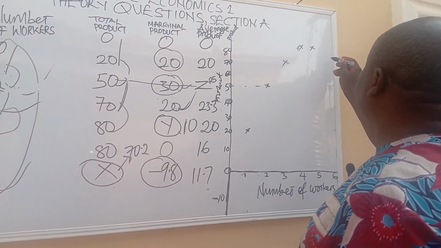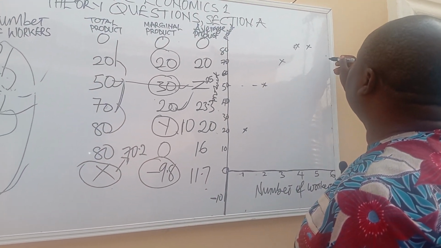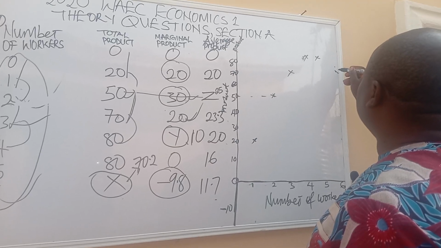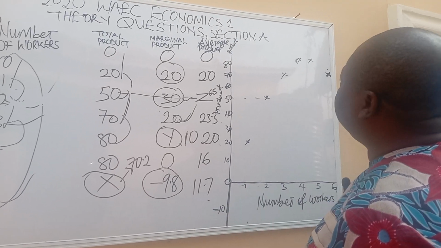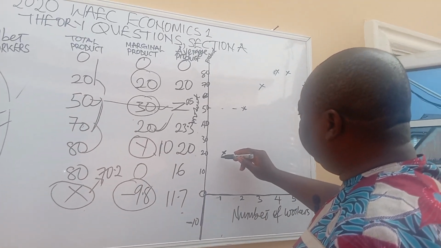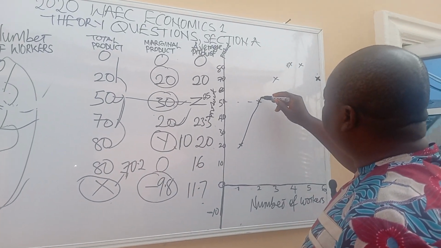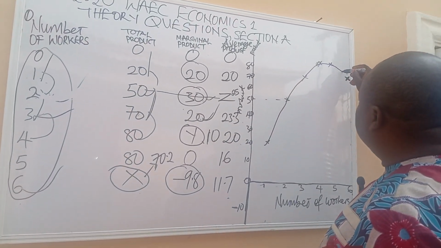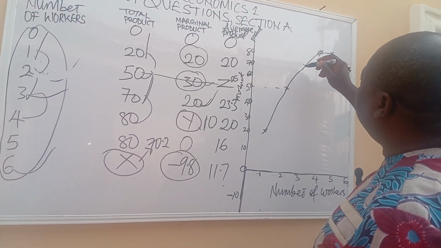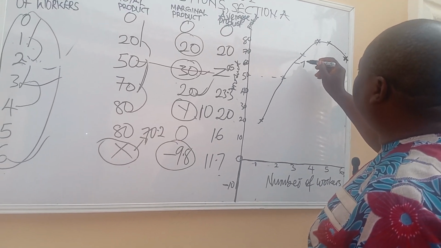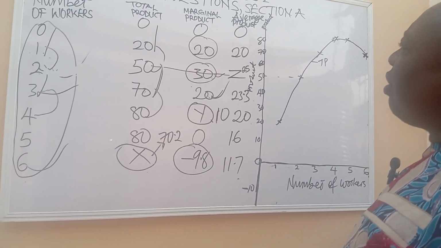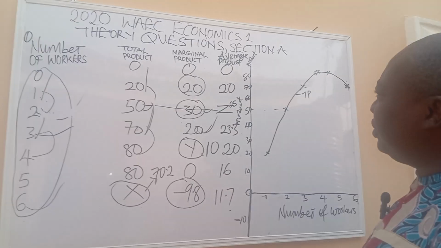Let's put this at 70.2. So let's draw it now. Total product. So this curve is total product. Now the second curve, which is marginal product.